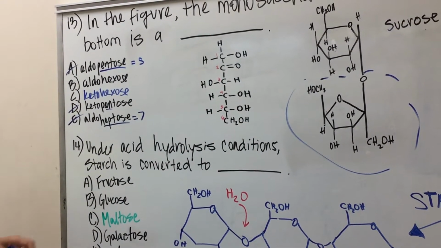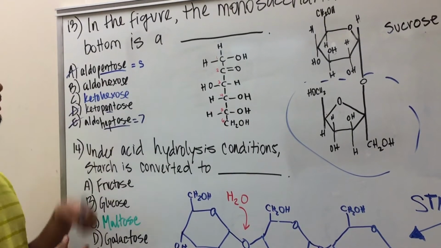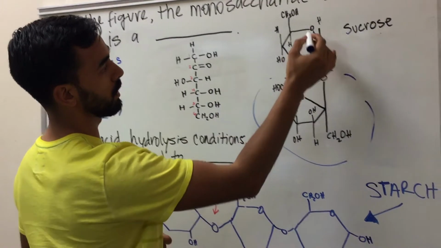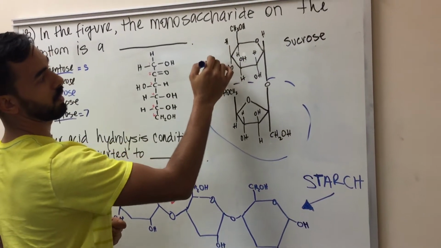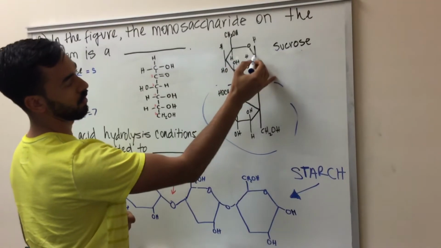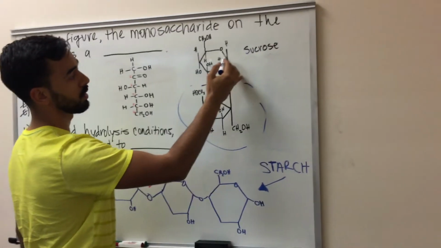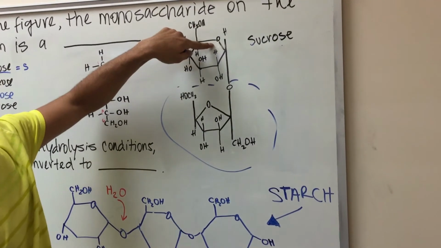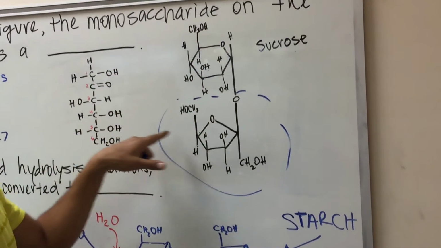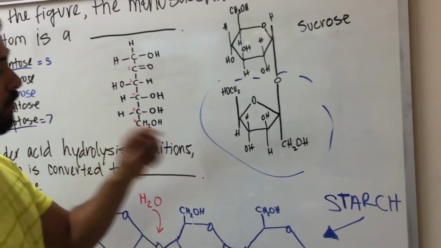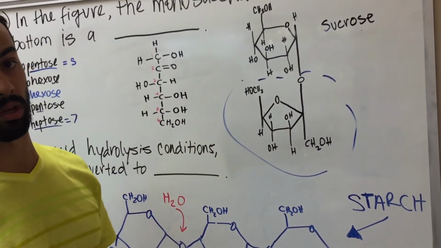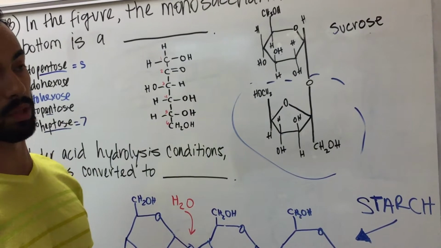The reason why it's not Aldohexose is because Aldohexose would be like this one right here, considered Aldohexose because the first carbon molecule is attached to the hydrogen and an oxygen, whereas the Ketohexose, the first one is attached to an oxygen and another oxygen bond, making it the ketose.